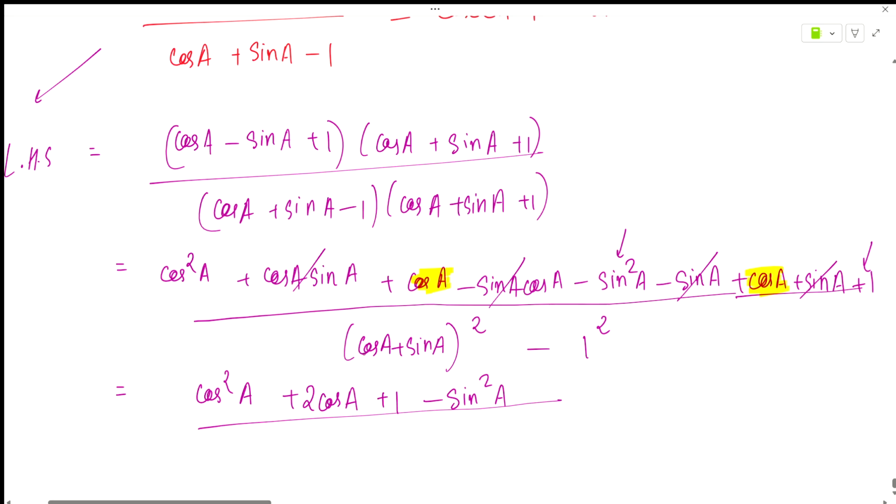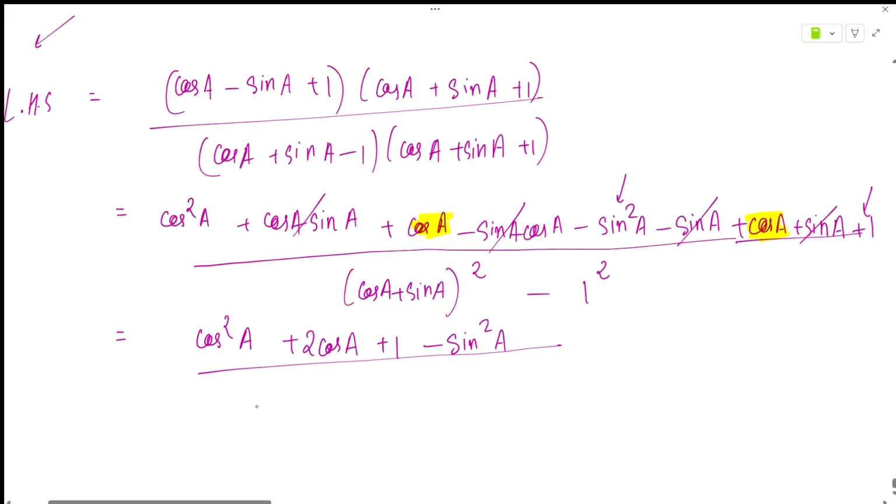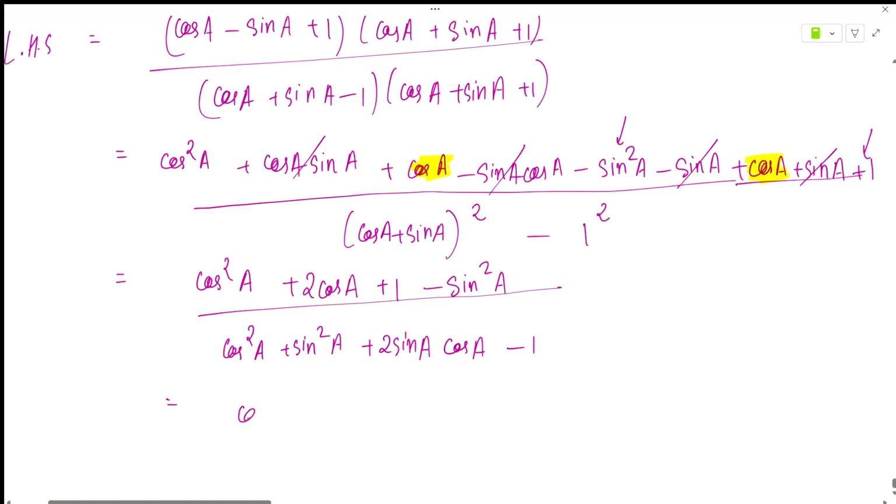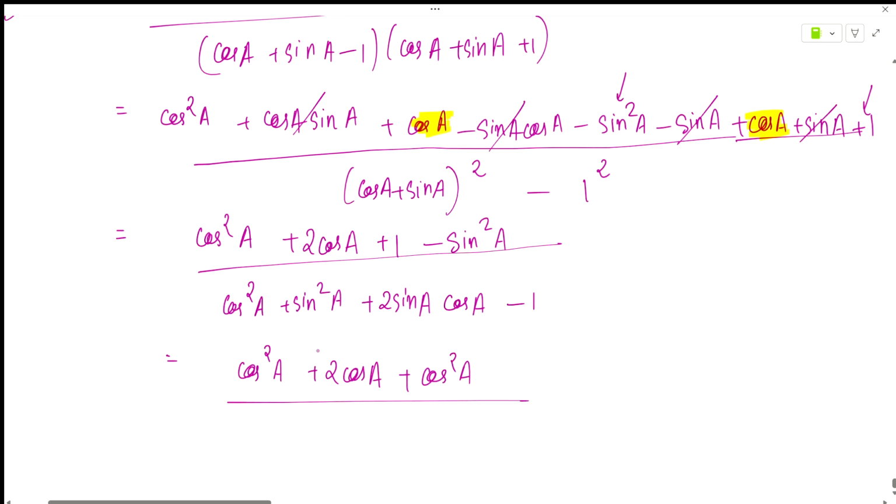On the bottom, if you open this stuff over here, you will have cos square A plus sine square A plus 2 sine A cos A and minus 1. You please see here cos square A plus 2 cos A, then 1 minus sine square A is cos square A. On the bottom I can write cos square A plus sin square A as 1.